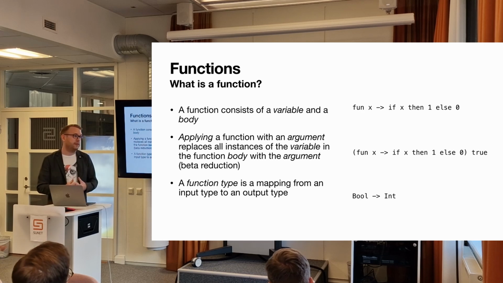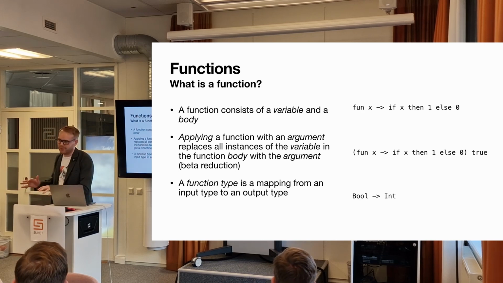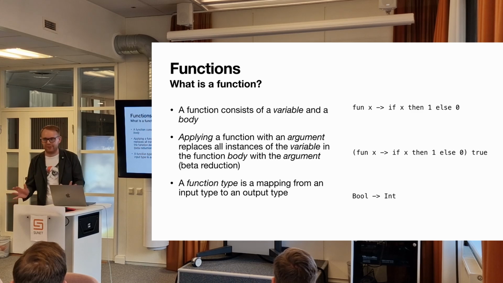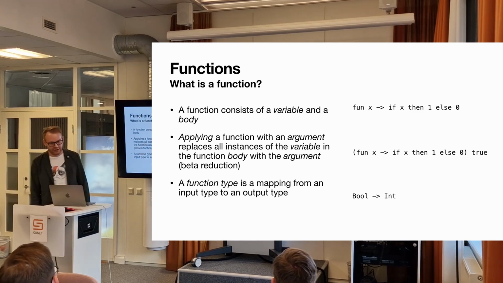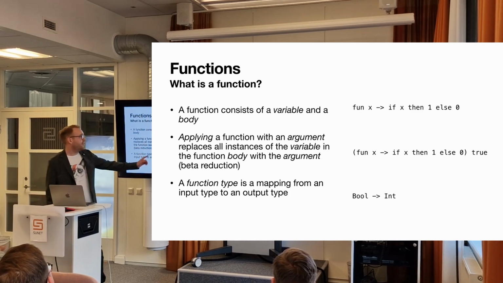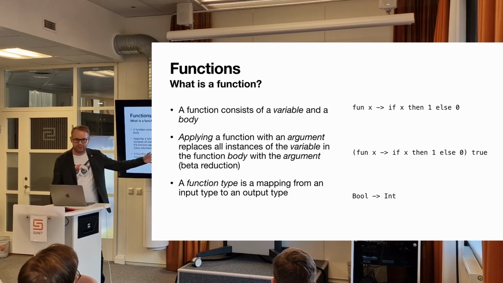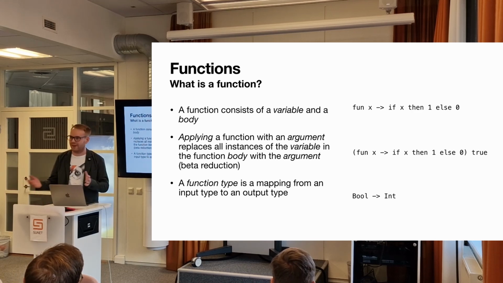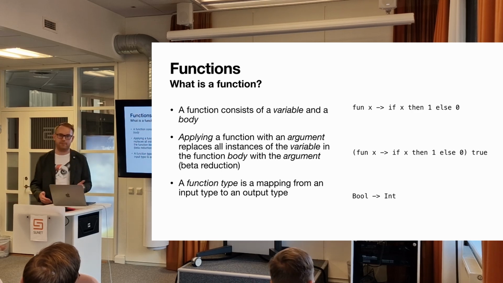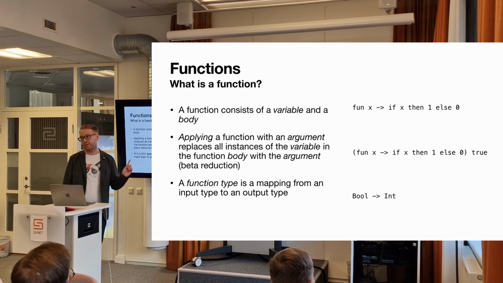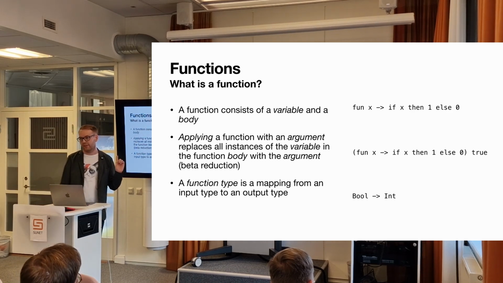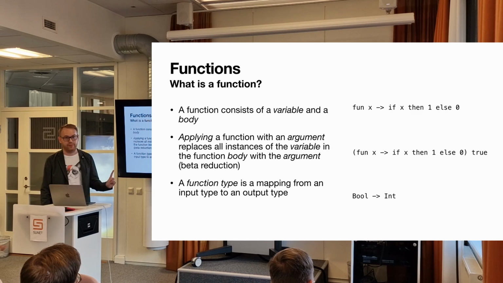Okay, so now we start to get into some trickier or more advanced stuff. Functions. The parts I put here on the right are just pseudocode for how a user might write a function in our make-believe language. And as I mentioned previously, we're working with the lambda calculus here, so functions only accept one argument.